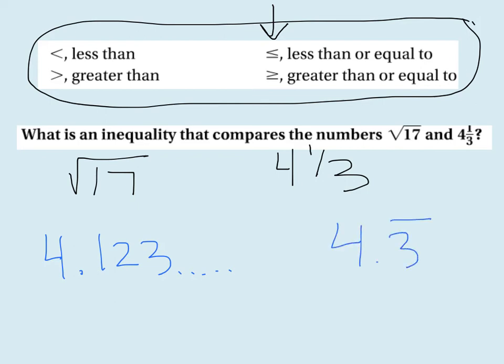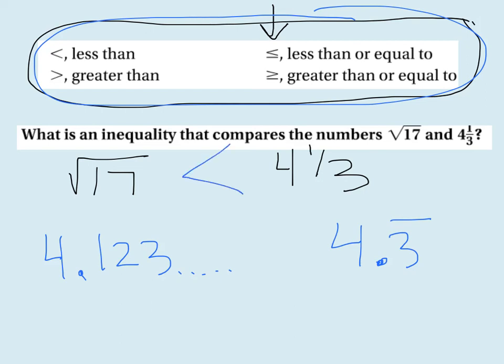So when I'm looking at this, I want to put the correct inequality symbol in between the two numbers. So looking here, after the point, I have 1 on the left. After the point on the 4.3, I have 3. So that means 4.3 is larger, and they're not the exact same. So then I want to keep my inequality statement as is. So this would be my final answer.